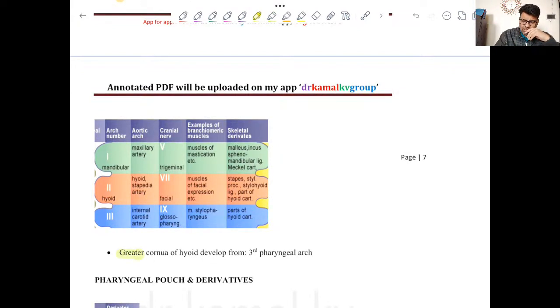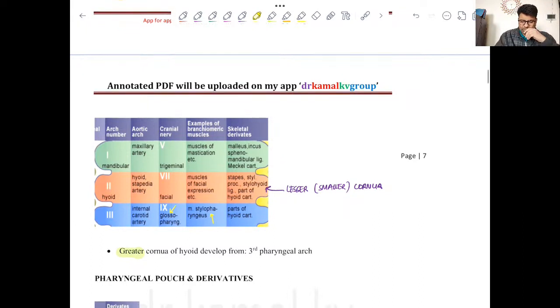We already discussed that lesser or smaller cornua is from second pharyngeal arch. And from third pharyngeal arch there is only one muscle, that is stylopharyngeus. The nerve supply of stylopharyngeus is glossopharyngeal nerve, right? So this is the third pharyngeal arch.